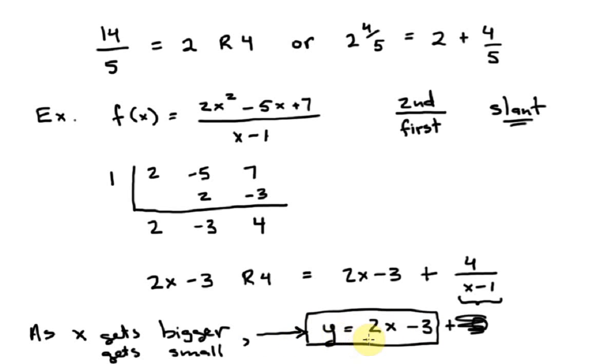It's behaving like y equals 2x minus 3, because this part of the function can be ignored since it gets so small. And so this is the equation of the oblique asymptote. So we did it. That's how you find it. That's where I'm going to stop, and I'm going to come back, and we're going to look at other examples because it is quite a process.